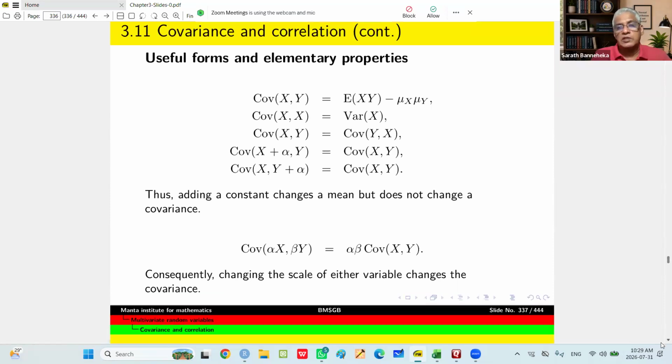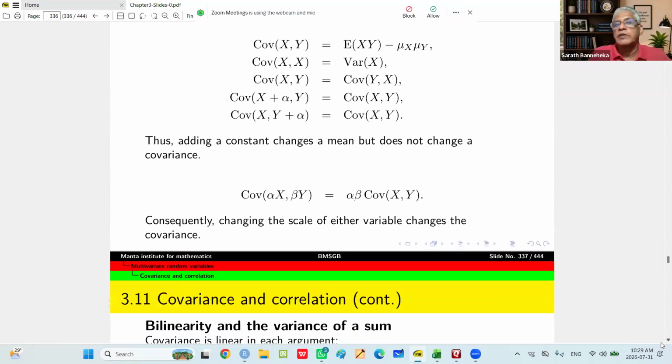But of course, if you multiply the variables by constants, you get this expression: covariance between alpha X and beta Y is the same as alpha beta times covariance XY. Those are very easy things to prove and easy to understand practically.